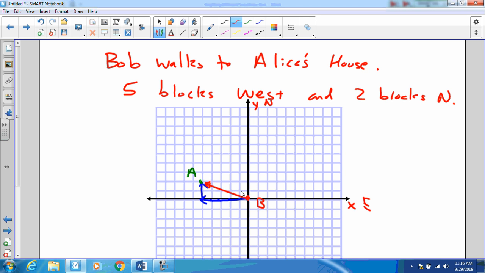And we're going to represent that change in position with delta x. Now we're going to represent it with a pair of numbers, one for the x direction and one for the y direction. We're going to say that the change in position was minus 5 in the x direction and positive 2 in the y direction, and the units are blocks.